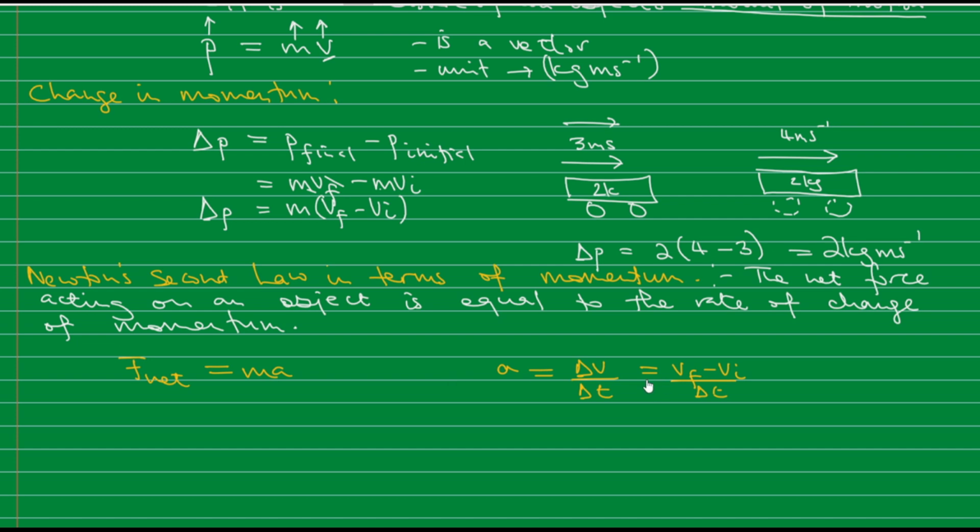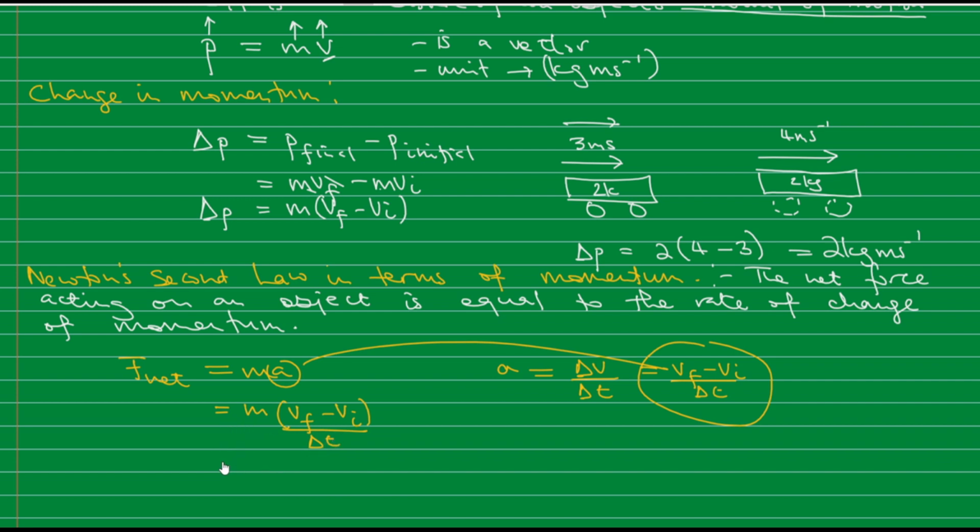So we can substitute the acceleration with this statement, such that we can write our F net as the mass multiplied by v final minus v initial over delta t.